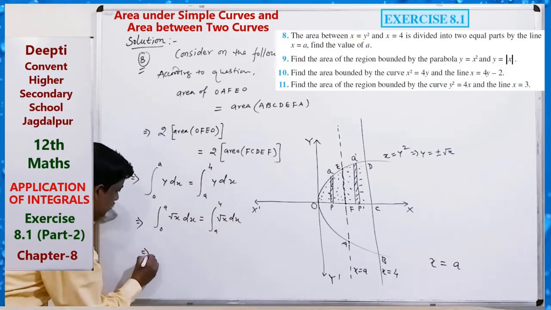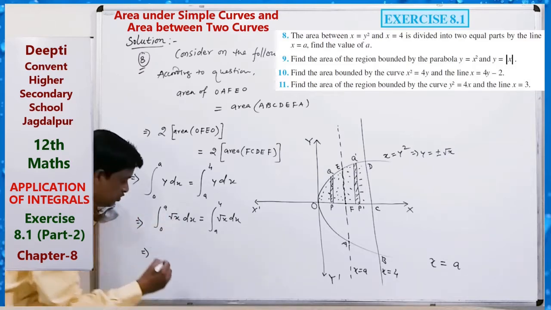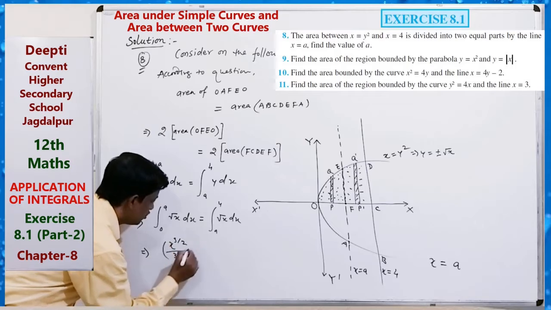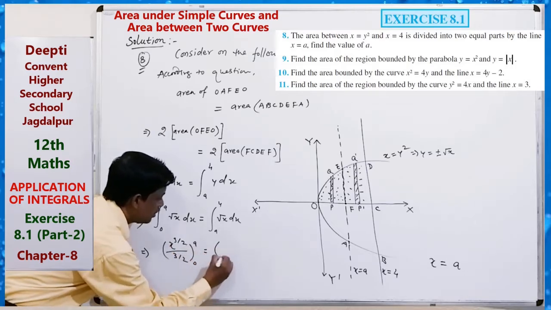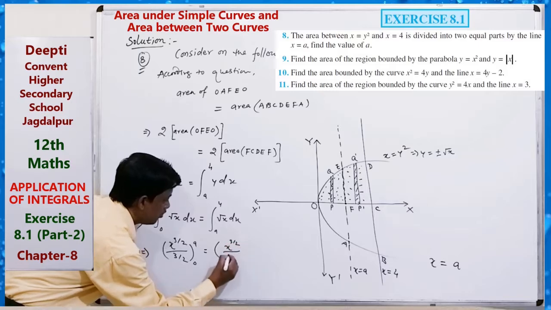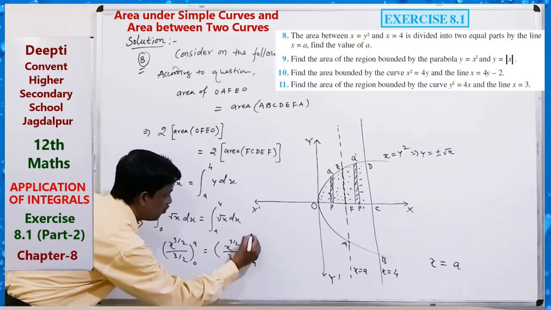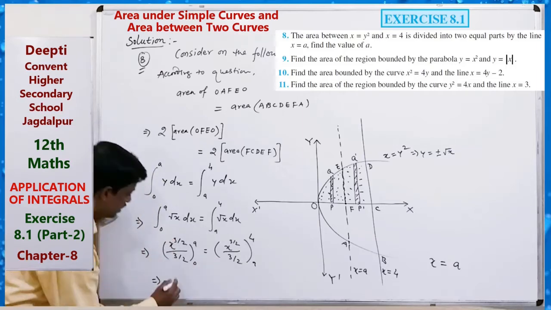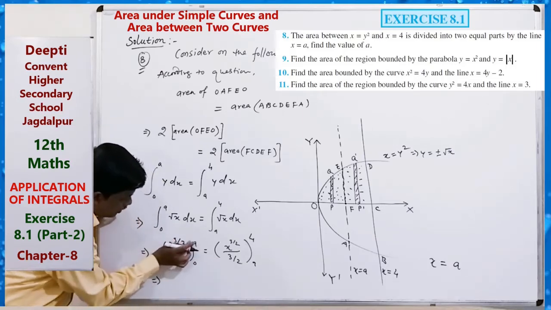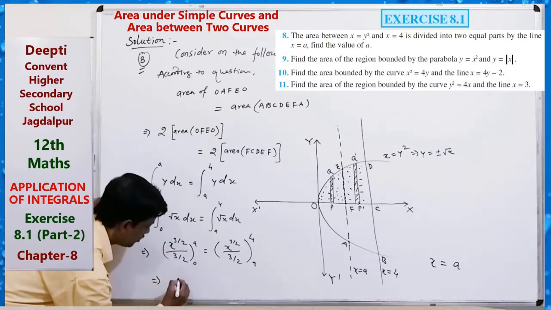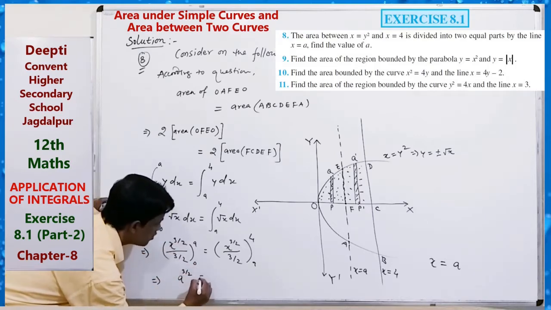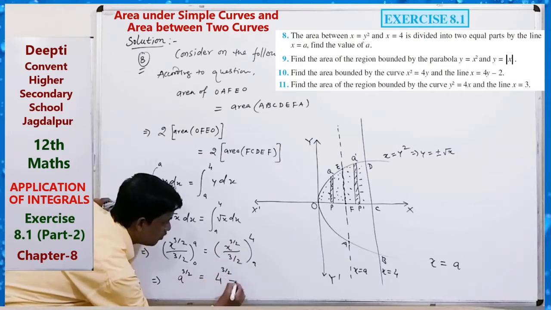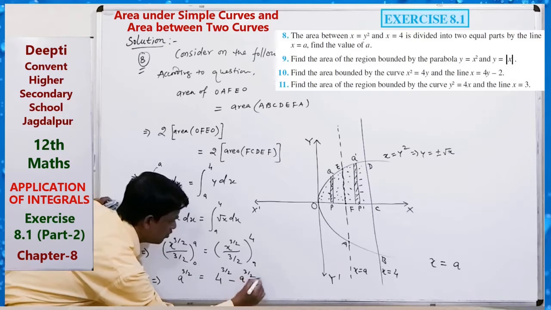So x to the power 1 by 2 gives x to the power 3 by 2 upon 3 by 2, from 0 to a, and here also x to the power 3 by 2 upon 3 by 2, with limits a to 4. The constant 3 by 2 cancels out. So a to the power 3 by 2 minus 0 equals 4 to the power 3 by 2 minus a to the power 3 by 2.